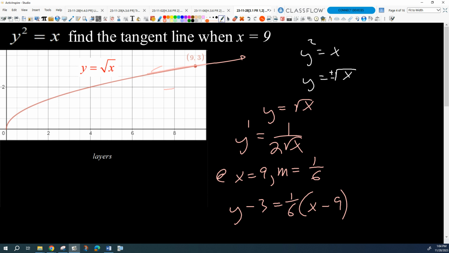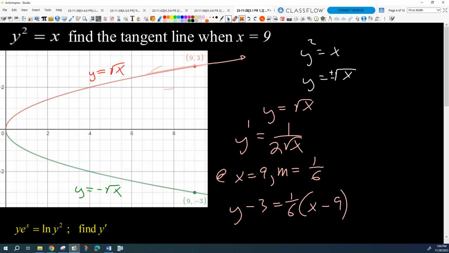Okay, but there's a problem, because there are two different solutions to this thing. If I square root both sides, I get y equals positive the square root of x, or y equals negative the square root of x.